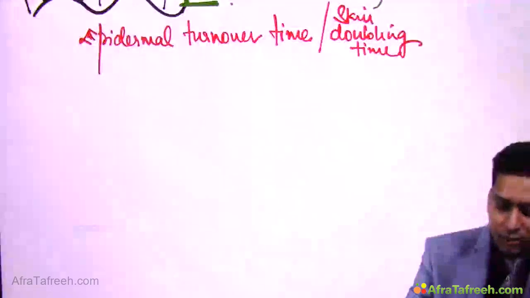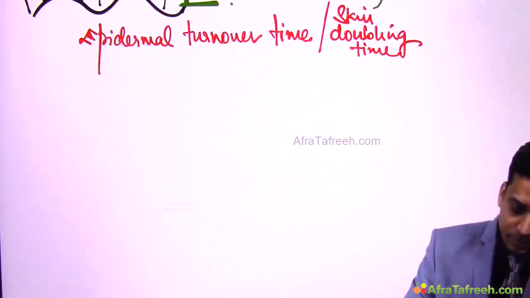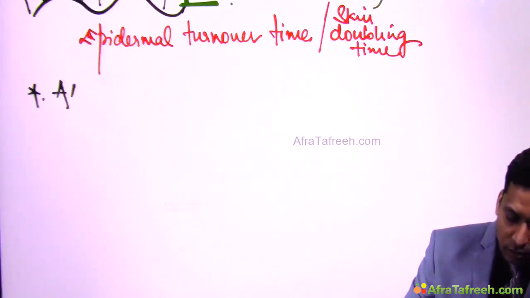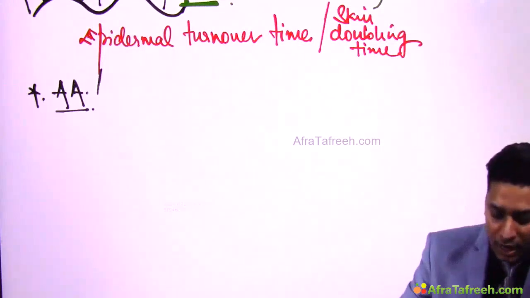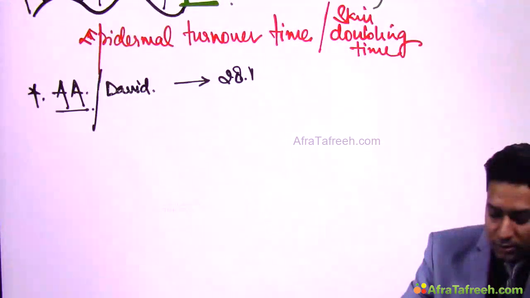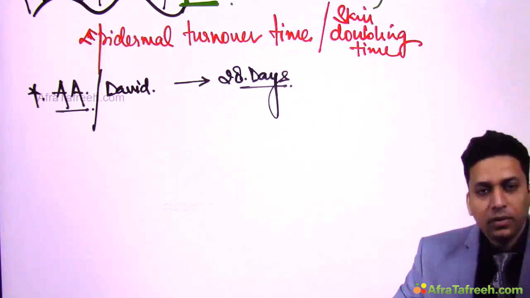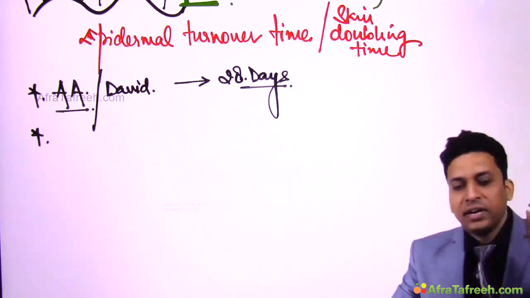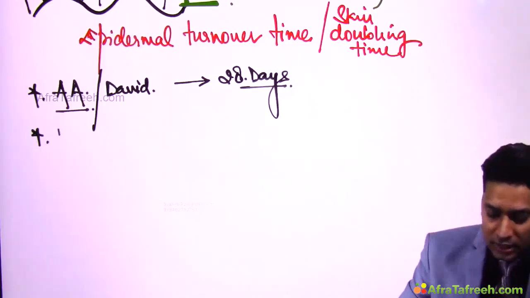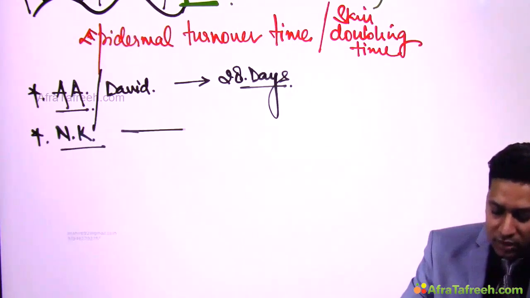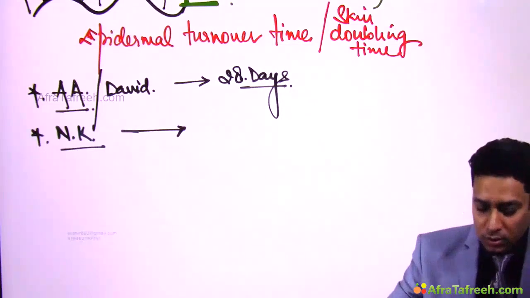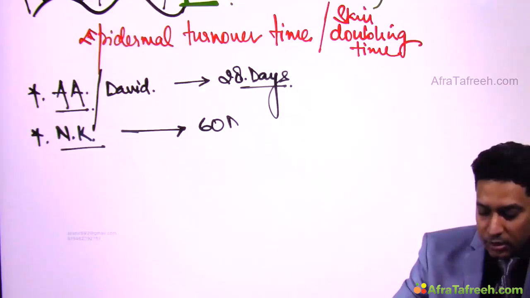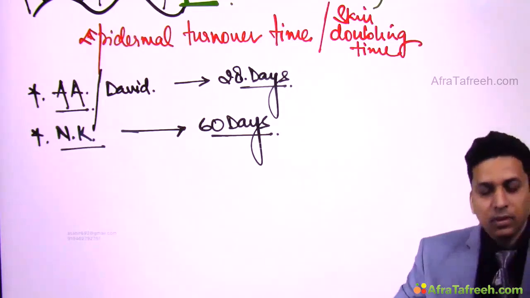Now this point is slightly controversial. Why? Because there are so many different books and they give so many different answers. Like Arvind Arora Guide and Davidson, in both it is written epidermal turnover time is 28 days. Okay. Now, if you read specific textbooks of dermatology like Neena Khanna's textbook of dermatology, which is very famous among UG students, there it is written epidermal turnover time is 60 days.